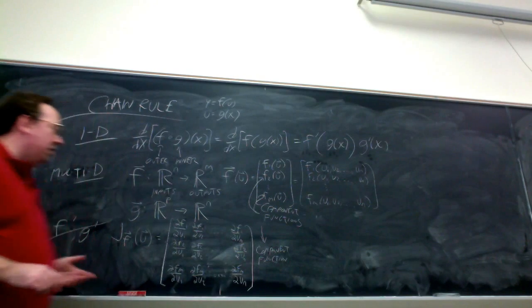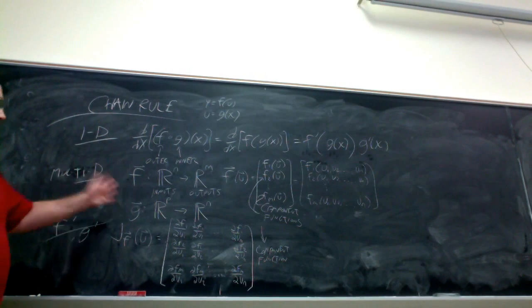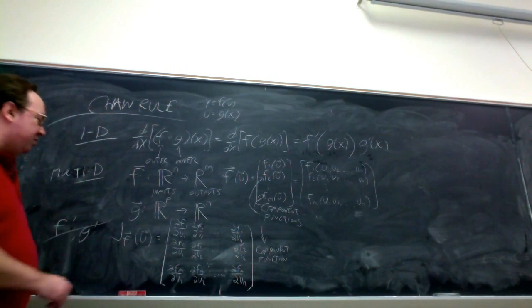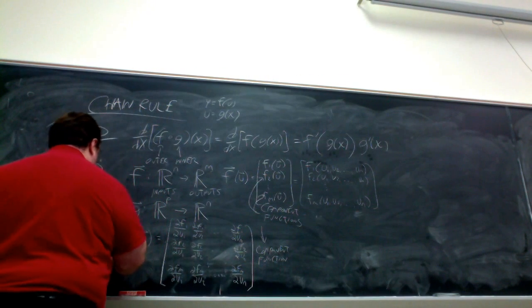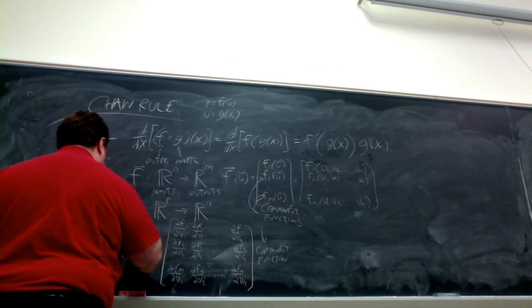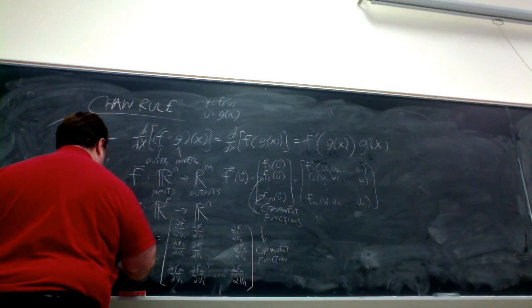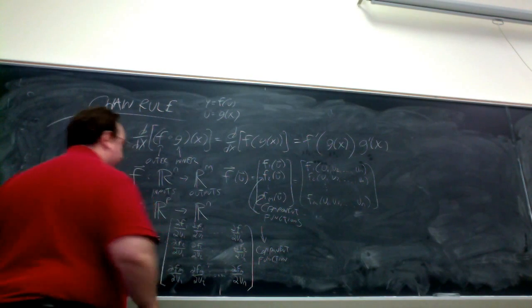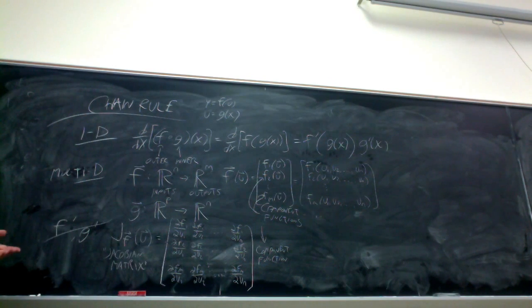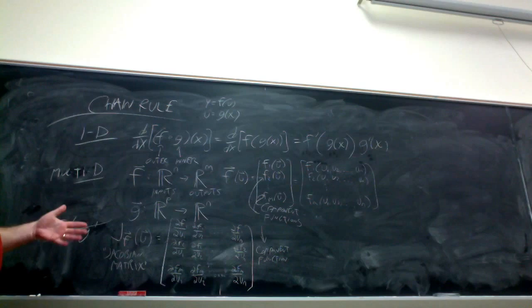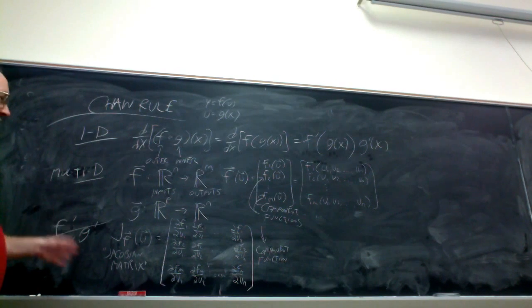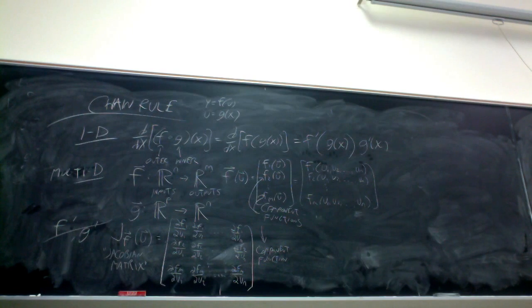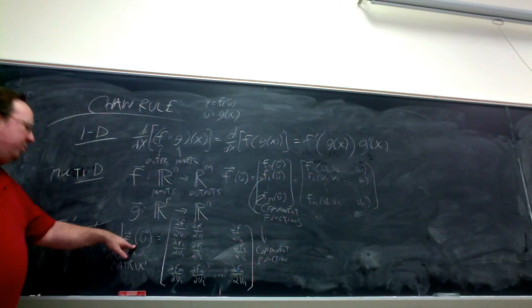So now I have all possible partial derivatives of all component functions of f arranged in this array, which you may recognize as a matrix. It is called a Jacobian matrix. So instead of having this f prime in single variable land, you have this. You can think of it as also called the total derivative of f, because we have all the possible partial derivatives in here.